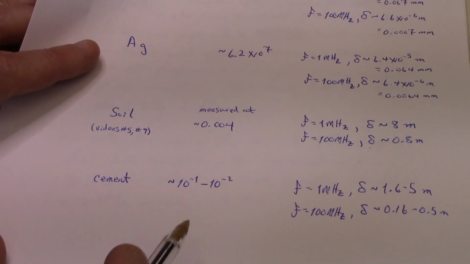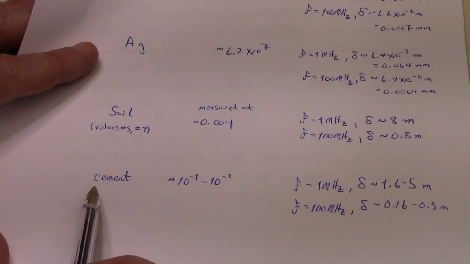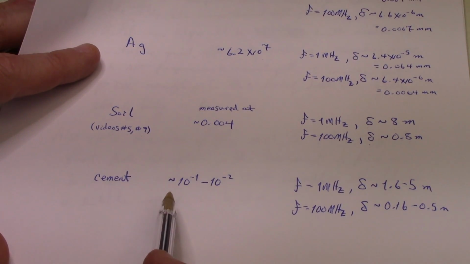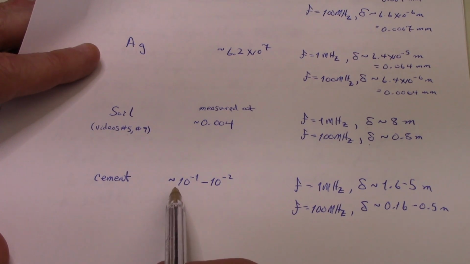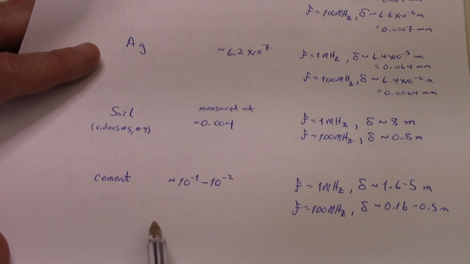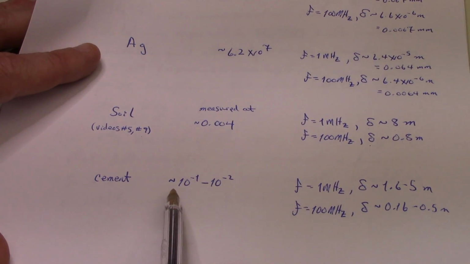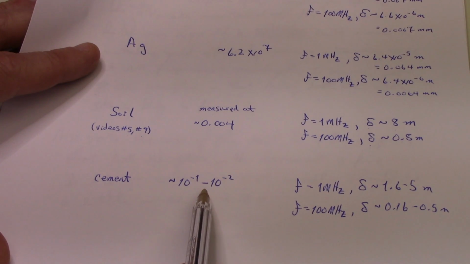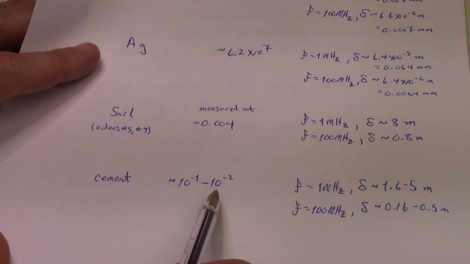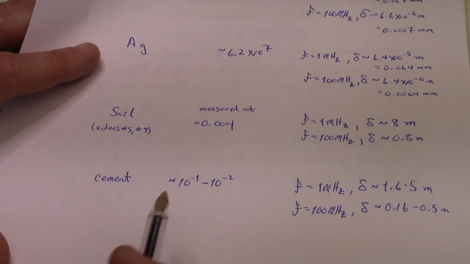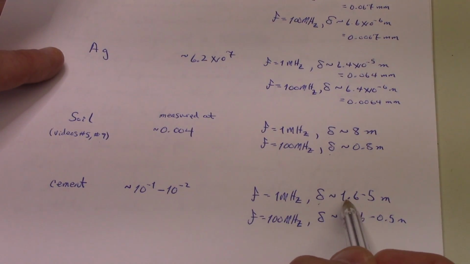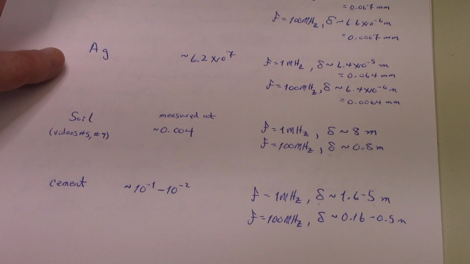And then finally, a common building material is cement. And the conductivity of cement wasn't entirely easy for me to find on the internet, which was a little surprising. I probably wasn't looking in the right places. But the conductivity of cement seems to be somewhere in the neighborhood of 0.1 to 0.001 Siemens per meter. And so if you take that range, then at 1 megahertz, the skin depth should be somewhere between 1.5 meters and 5 meters.